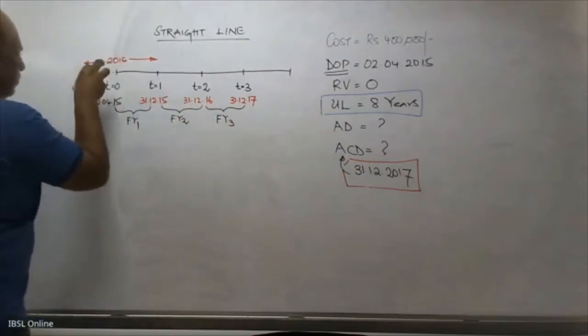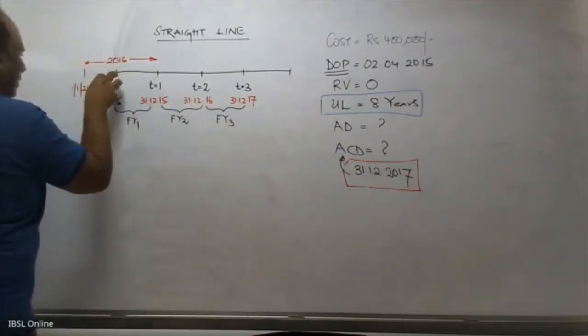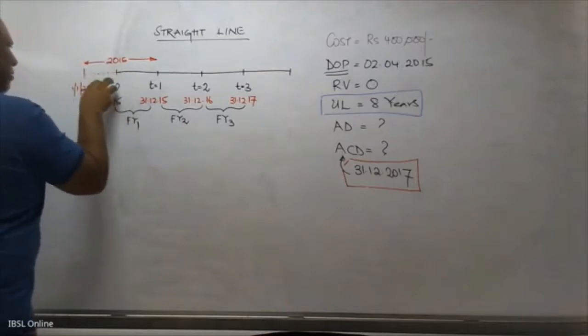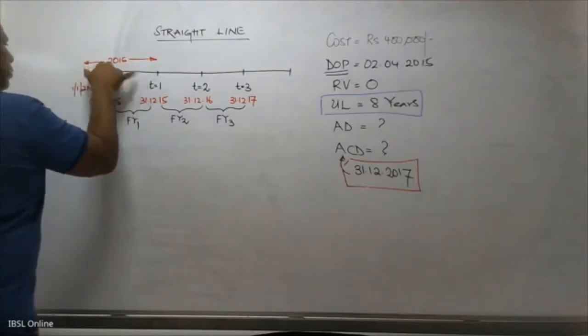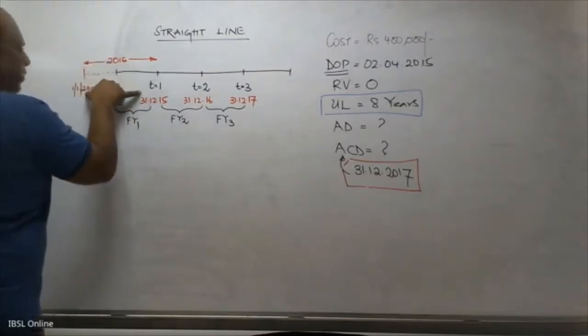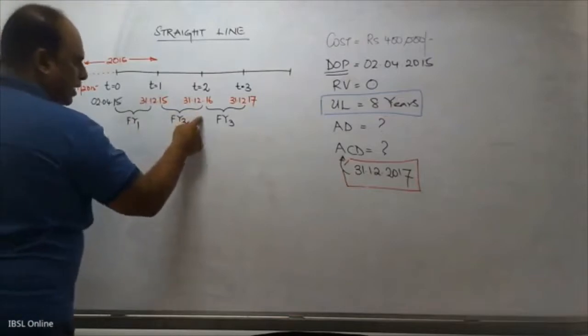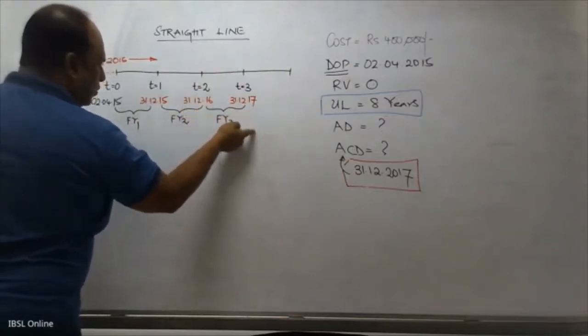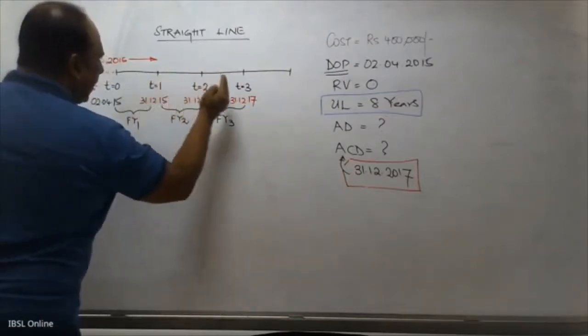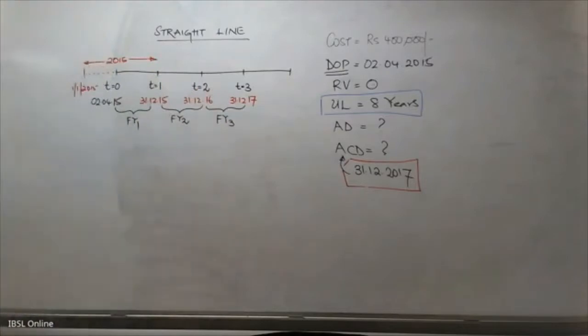This asset has been purchased somewhere in between the year. So my first financial year would be the year ending 31st December 2015. Then I go to the next financial year, and then the next. So there are 3 timelines, 3 time buckets.